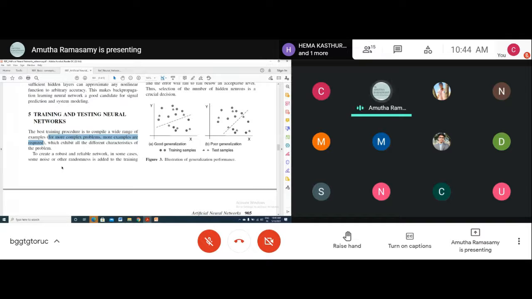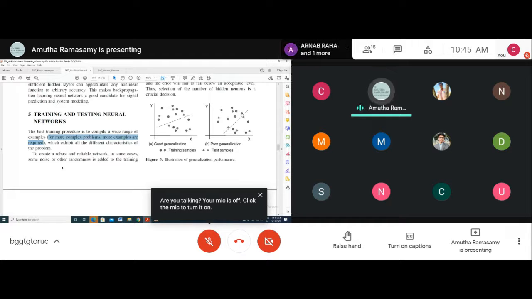Okay. So to create a robust and reliable network, in some cases, some noise or other randomness is added. Means we add some unwanted data to the data we are going to use.